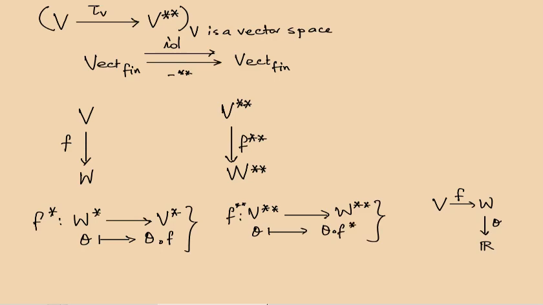Now, what I am trying to say is that this diagram commutes. Let's see. I take an A over here. I go to TA. Yeah? I take it to FA over here.